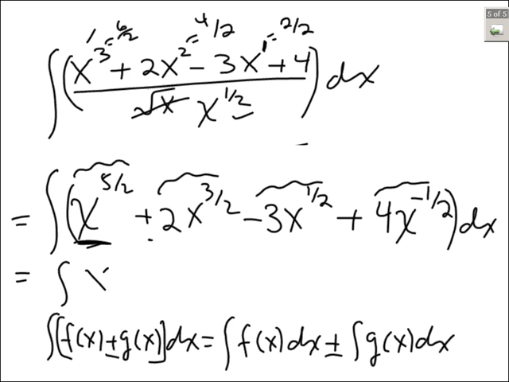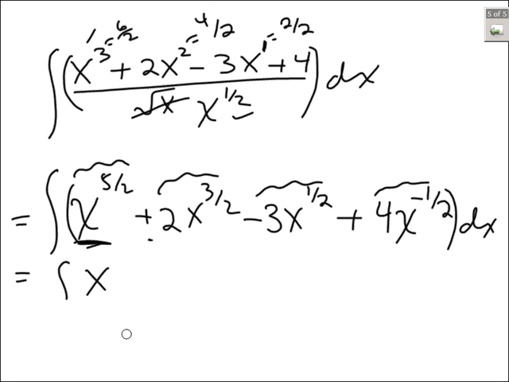You add 1 to the power. Let me erase the bottom, I need a little bit more room. You add 1 to the power. Since the power is a fraction, you just add 2 divided by 2. That gives you the new power, the new numerator, and divided by the same denominator, 2.